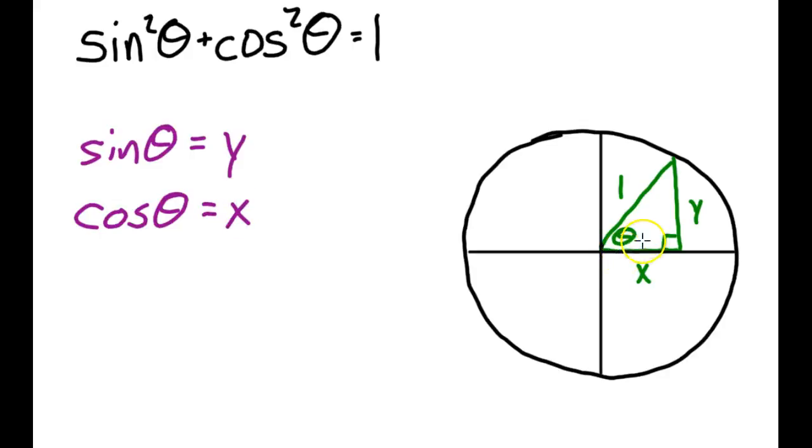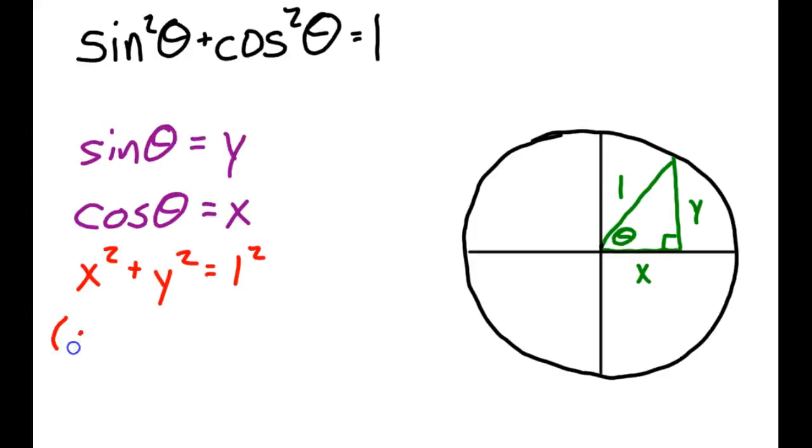Since this is a right triangle, we can also use the Pythagorean theorem to set up an equation, because a squared plus b squared is equal to c squared. So in this case, we would have x squared plus y squared equal to 1 squared. Now using substitution, I know sine of theta is equal to y and cosine of theta is equal to x.